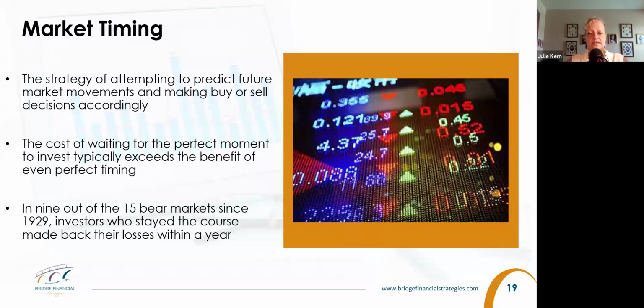And in the 2008, 2009 financial crisis, which is the last really big market decline that lasted very long, the period of time that it took for people to get back to where they were was just a hair over 2 years. So if you stuck with your plan for 2 years, you were back to where you started, and you didn't have to stress about trying to make the right decisions about when to get out, when to get back in.